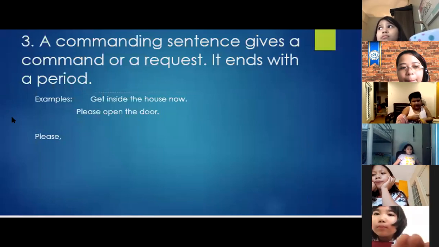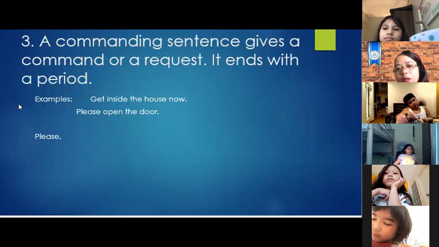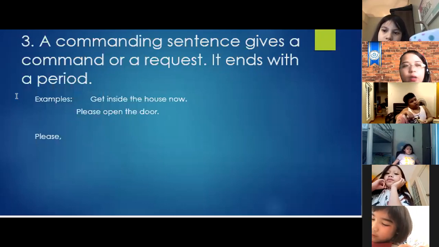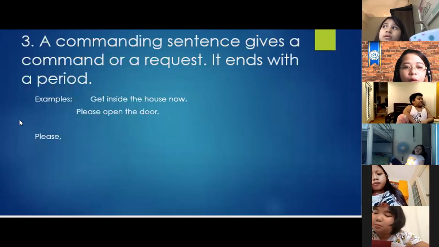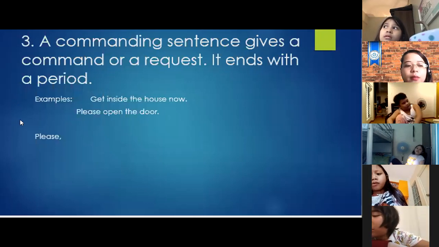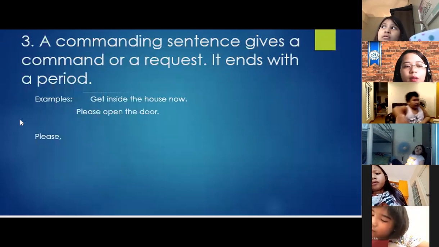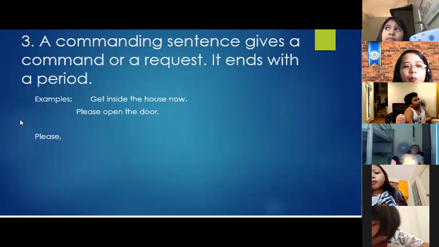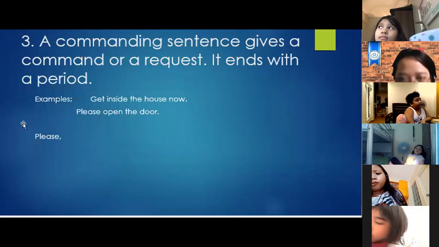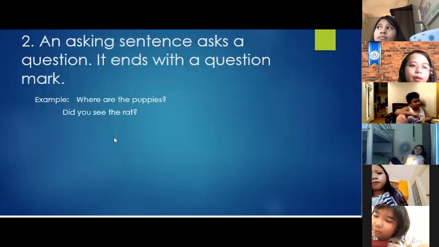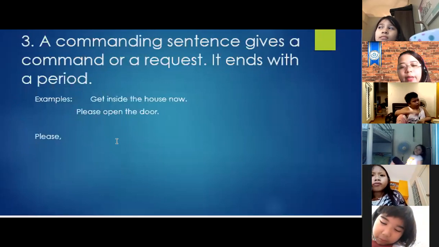How about kindly? Kindly open the door. Okay, so that's a kind request, right? Get inside, that's a command. Then please open the door. Can you please open the door? Command and request, right?